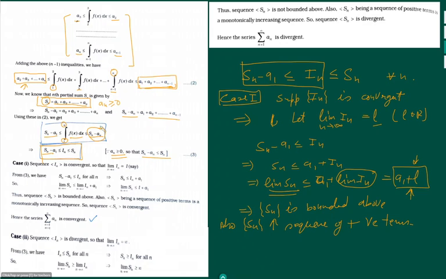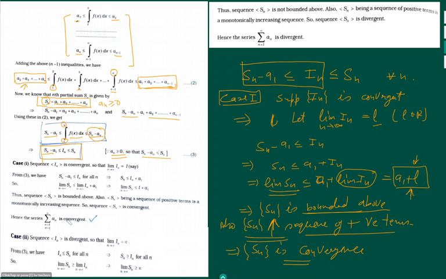So Sn is an increasing sequence of non-negative terms. Every increasing sequence of non-negative terms, if it is bounded above, is convergent. This implies Sn is convergent, because every monotonically increasing sequence which is bounded above must be convergent.